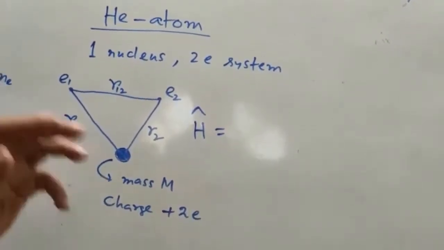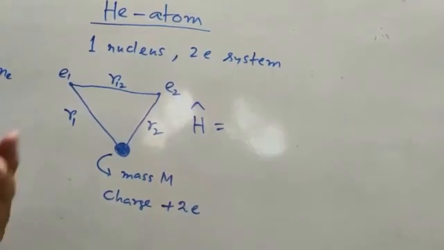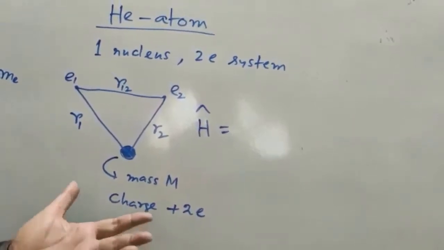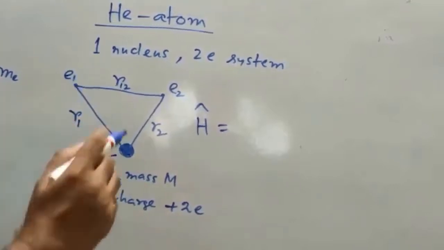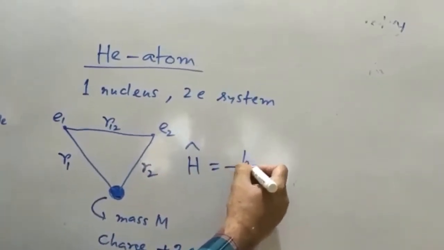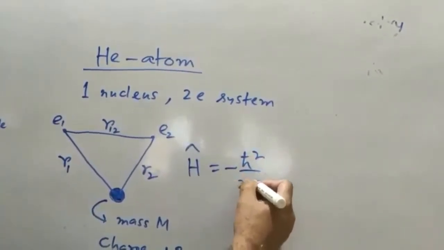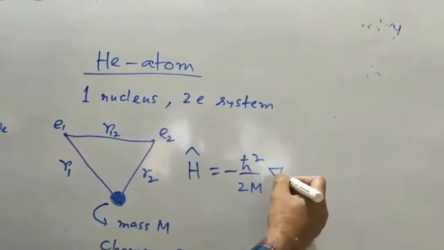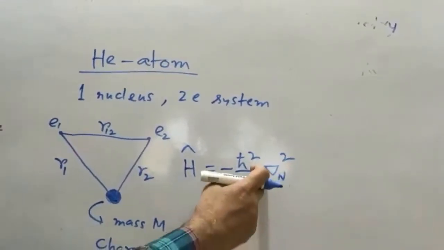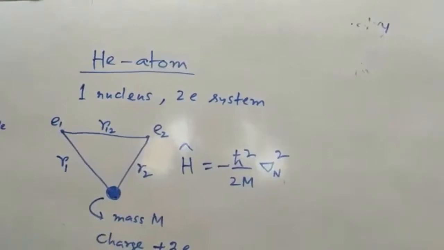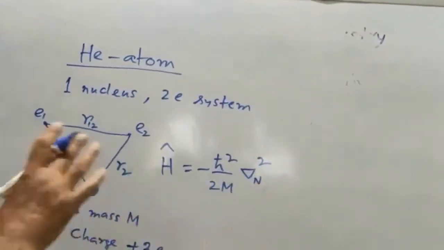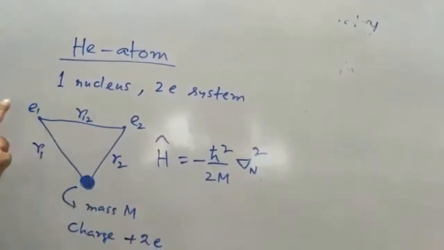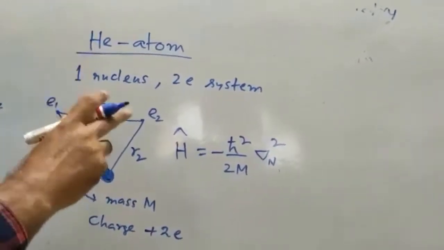The kinetic energy part involves the kinetic energy of the nucleus and the kinetic energy of the electrons. For the kinetic energy of the nucleus, we can write minus h cross square by 2M del n square. This is the Laplacian operator and it involves the coordinates of the nucleus. Now we write the kinetic energy part of electron 1 and electron 2.